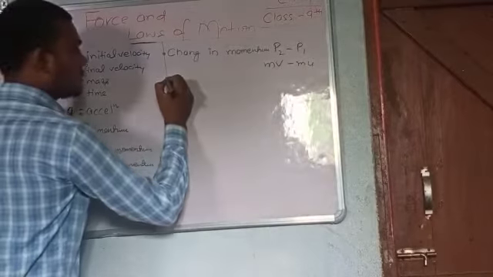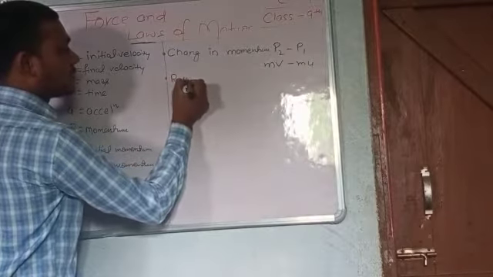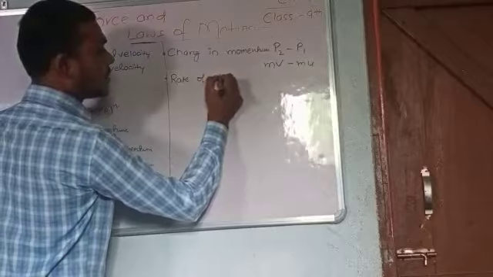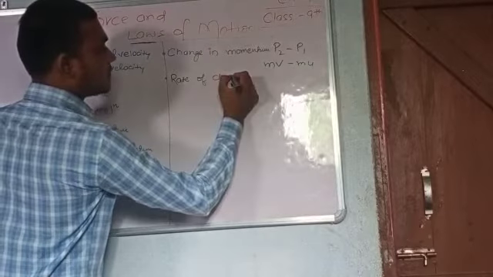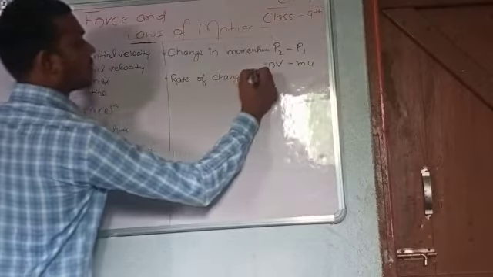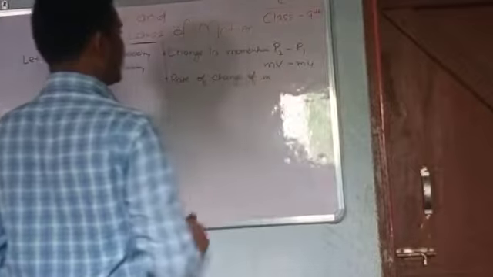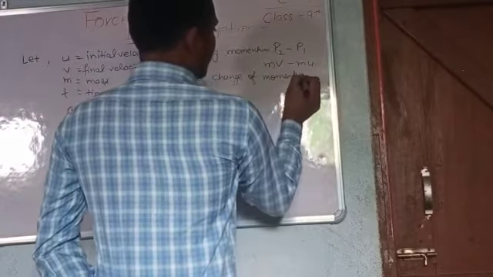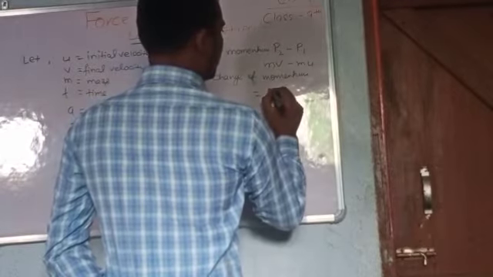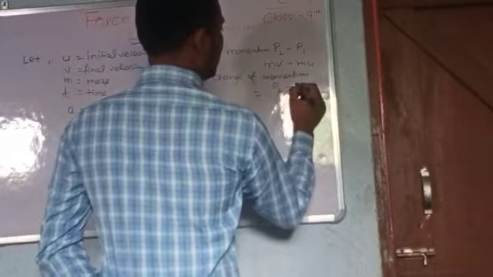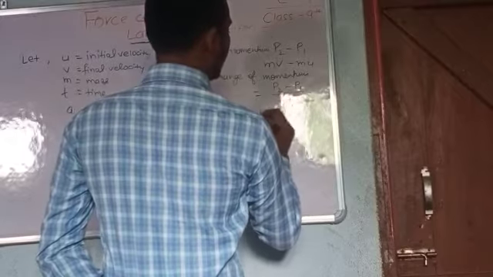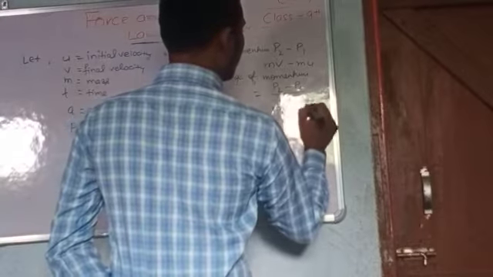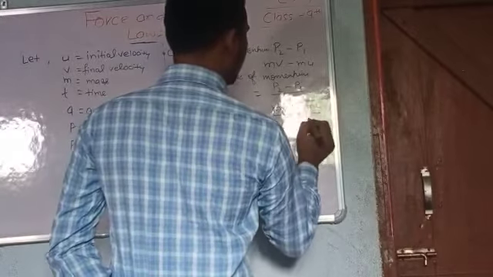Now the second term is the rate of change of momentum, which is equal to P2 minus P1 upon t, which is equal to mv minus mu upon t.